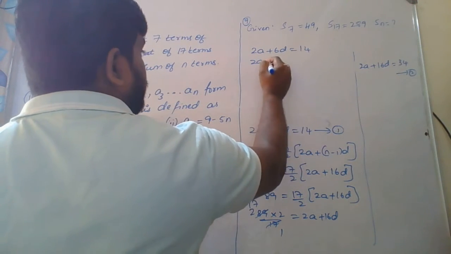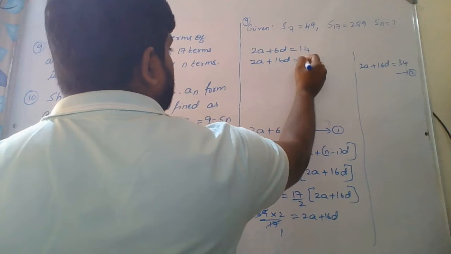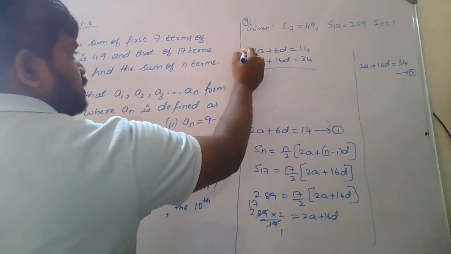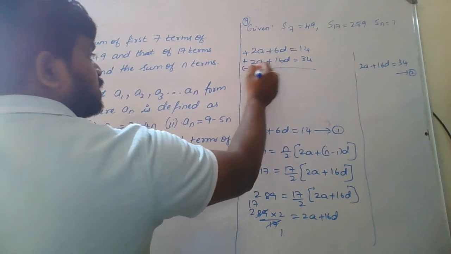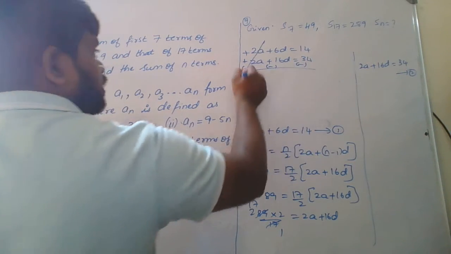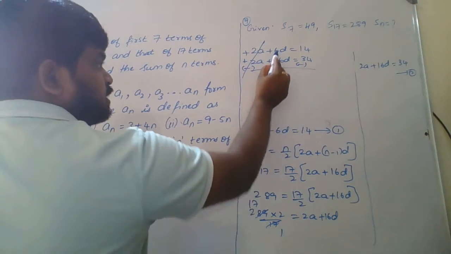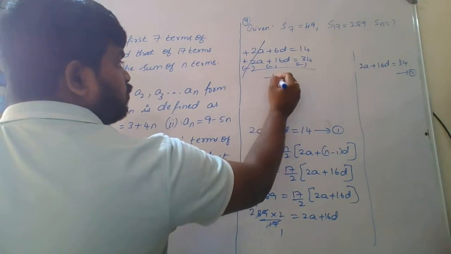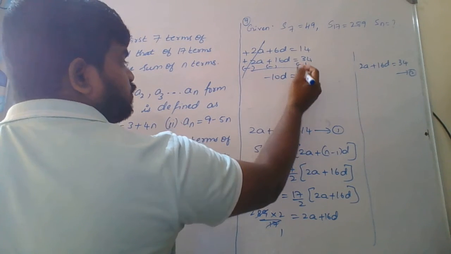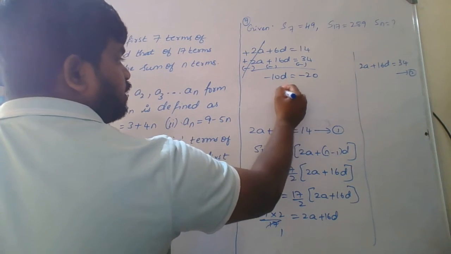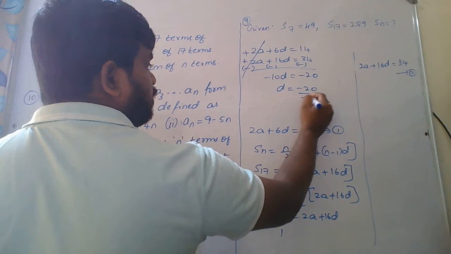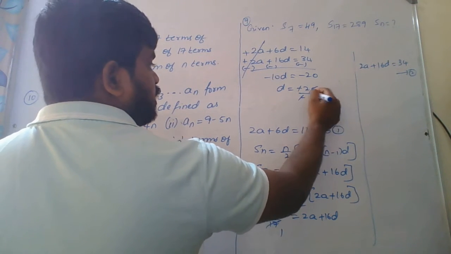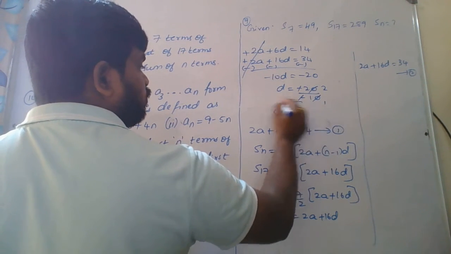The second equation is 2a plus 16d is equal to 34. Both the coefficients are the same and the signs are the same, so change the sign. Plus 2a minus 2a gets cancelled. 6d minus 16d gives you minus 10d. Plus 14 minus 34 gives you minus 20. Therefore d is minus 20 by minus 10, which is 2. So you got the value of d.